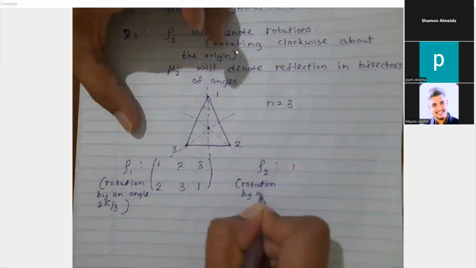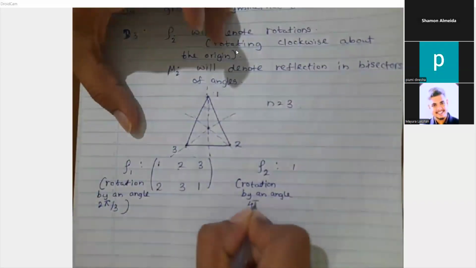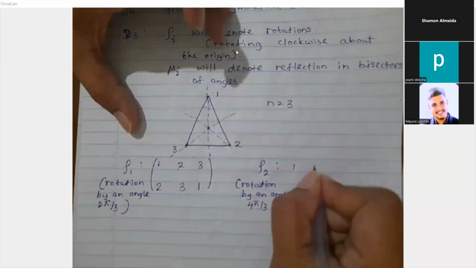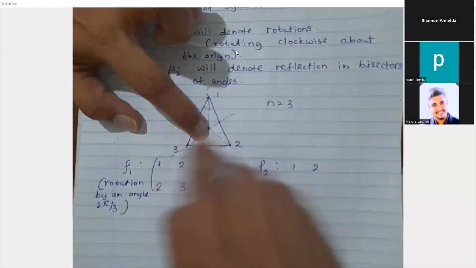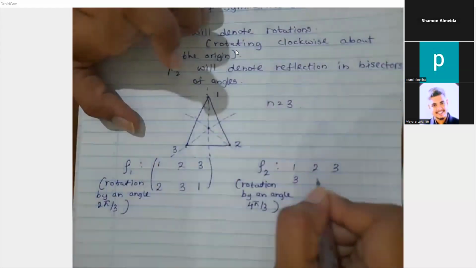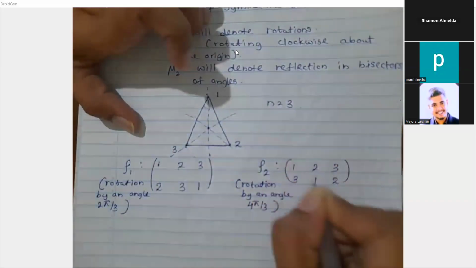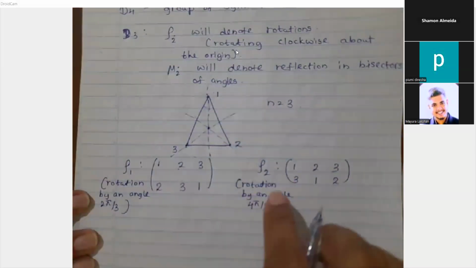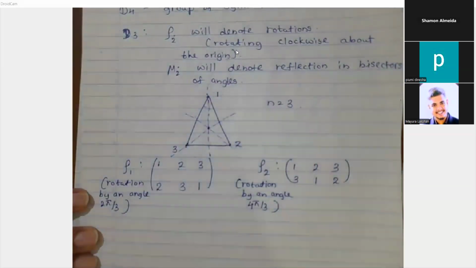Rotation by an angle of 4 pi over 3. Then we actually send 1 to 3. 1 will be sent to 3. 2 will be sent to 1. And 3 will be sent to 2. Right?